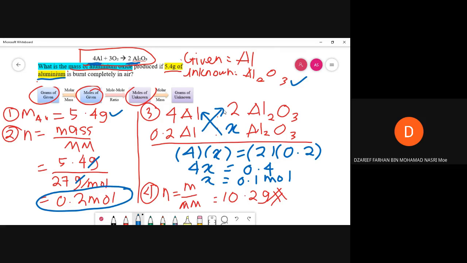You kira, you will get your X is 0.1 mole of Al2O3. So, you dah ada number mole, you boleh cari mass tak? Boleh. So, you masuk dalam the formula. Then, you will get 0.2 gram of Al2O3. Faham?